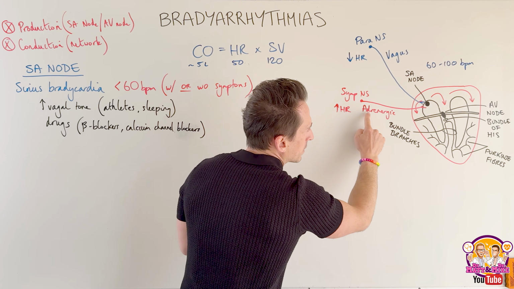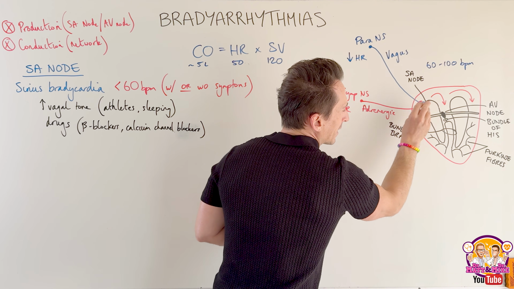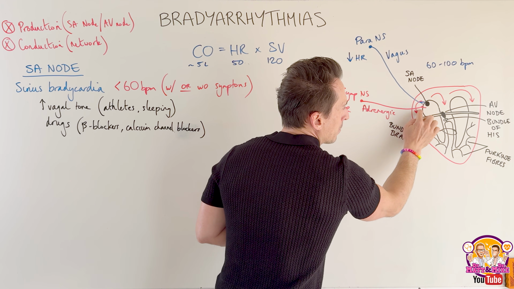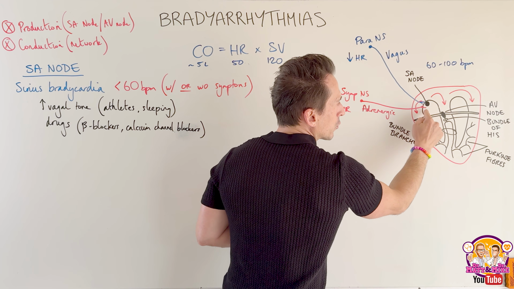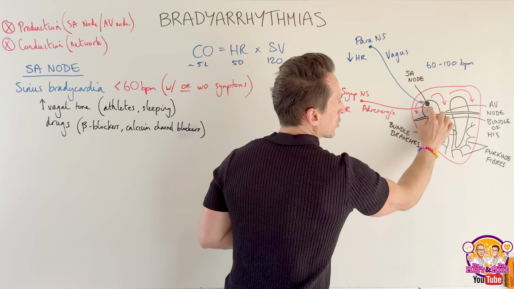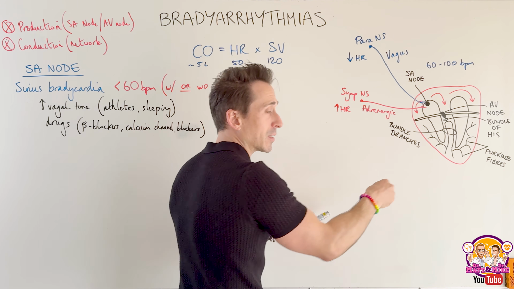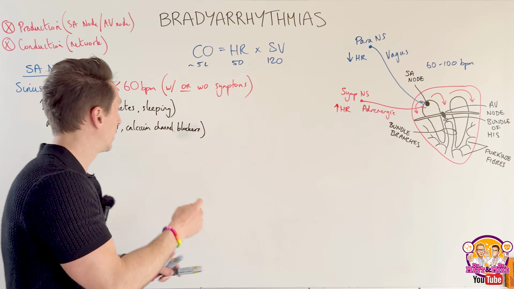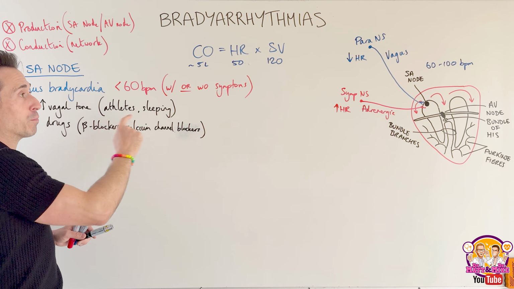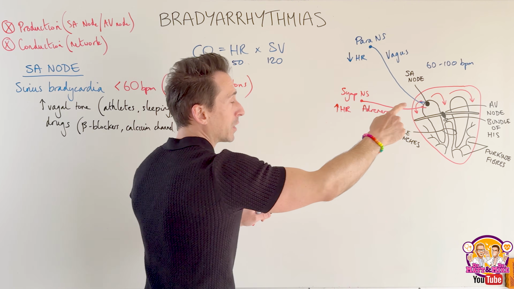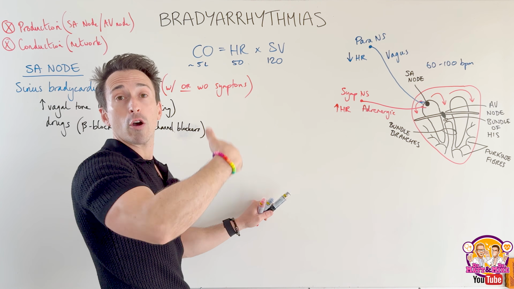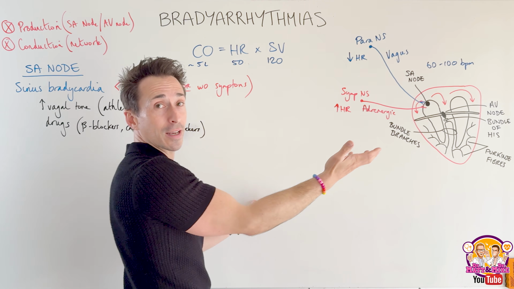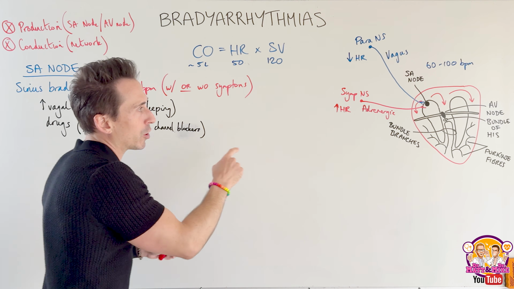Adrenergic, sympathetic nervous system, releases noradrenaline, right, from this neurotransmitter, and that noradrenaline needs to bind to its receptors on the sinoatrial node to activate it. Those receptors are called beta receptors. So if you block the sympathetic nervous system, what's going to override? The parasympathetic, right?